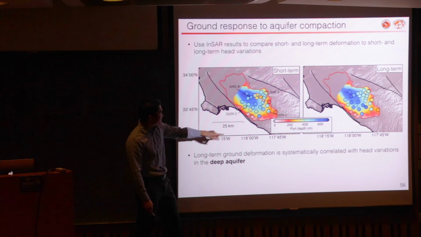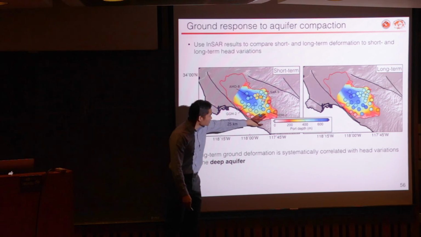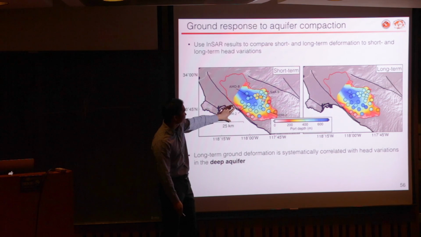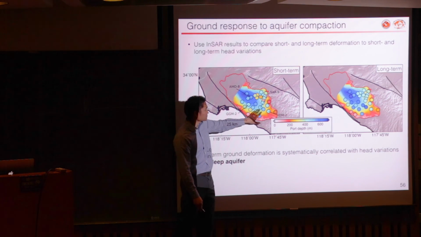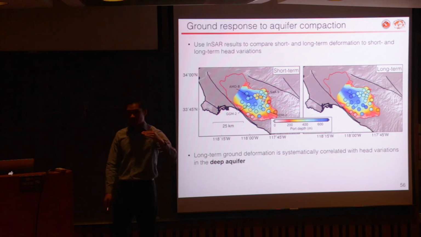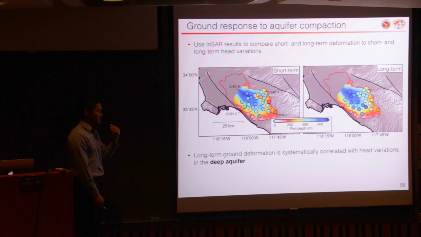What you see is that this background color is showing you the depth of the aquitard, and the depth of best correlation for the short-term signals are basically at the depth of the aquitard or shallower. So it's basically responding to the seasonal pumping, the seasonal groundwater production.